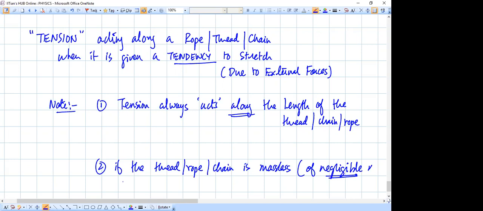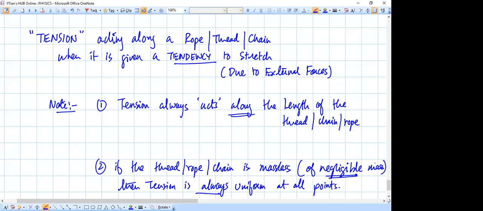Then the tension is always uniform at all points. So let us understand this whole concept with an example or two. But first, you can just make a quick note of these 2 points.